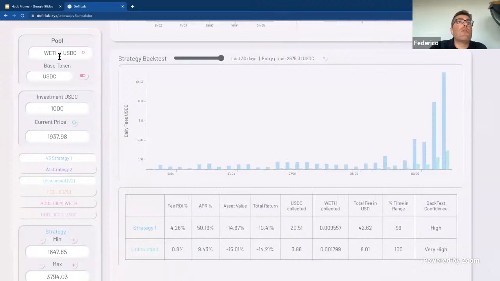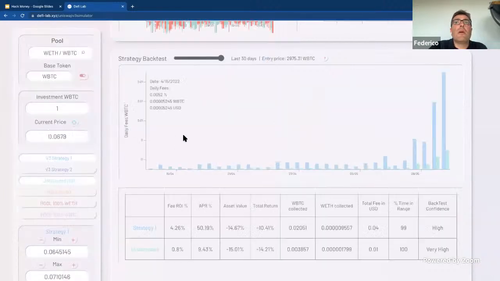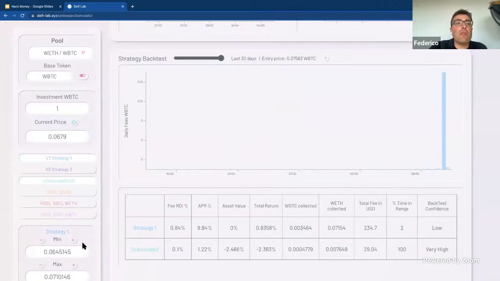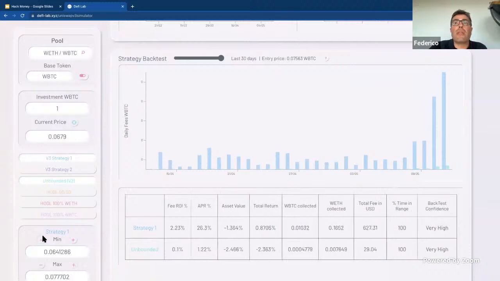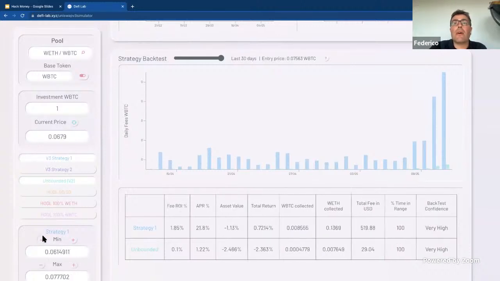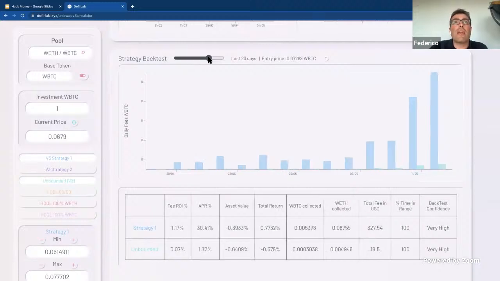And even if I select a different pool, for example Bitcoin, Ethereum, after reloading for a second, the results are shown again. And again, we can change our strategy, and the tool will calculate our results in a very quick way. We can also change the interval, the time frame that we want to calculate, and the results are also very, very fast.